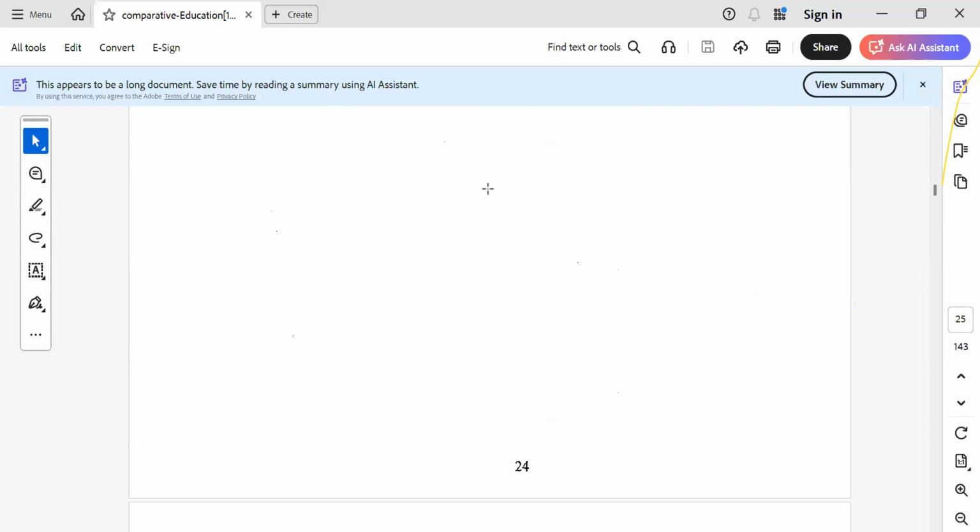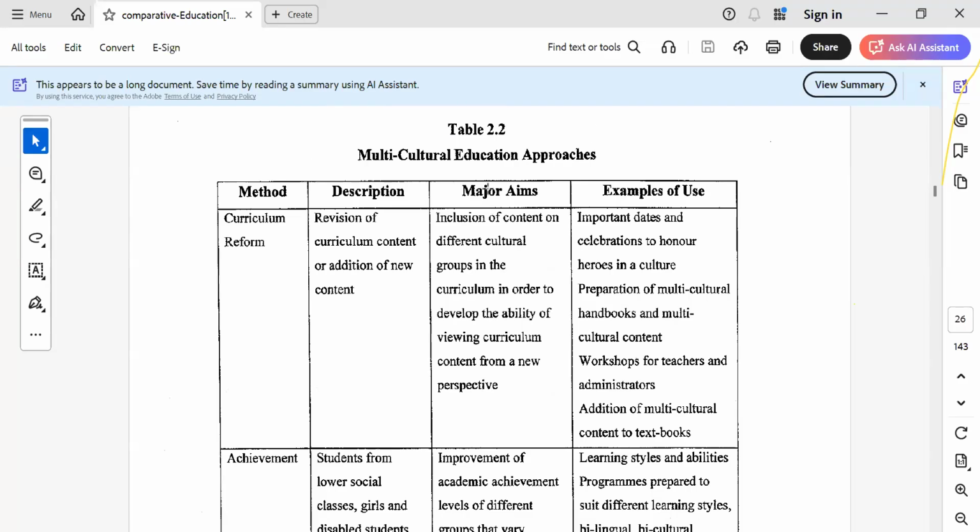So here you can see the multicultural educational approaches. The first method is curriculum reform, right? So whatever change the state wanted to implement in the society should go through education.